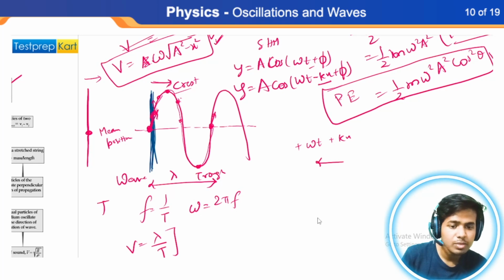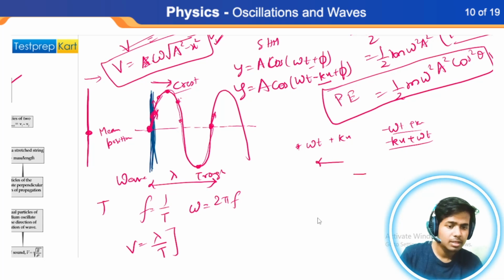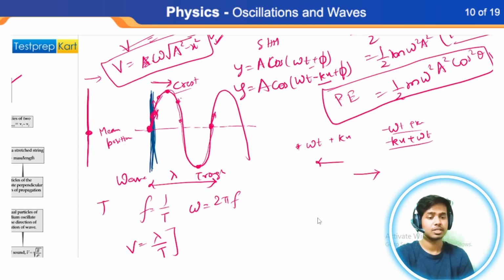If either of them is there, minus omega t plus kx, or kx plus omega t, then the wave is moving in the right direction.